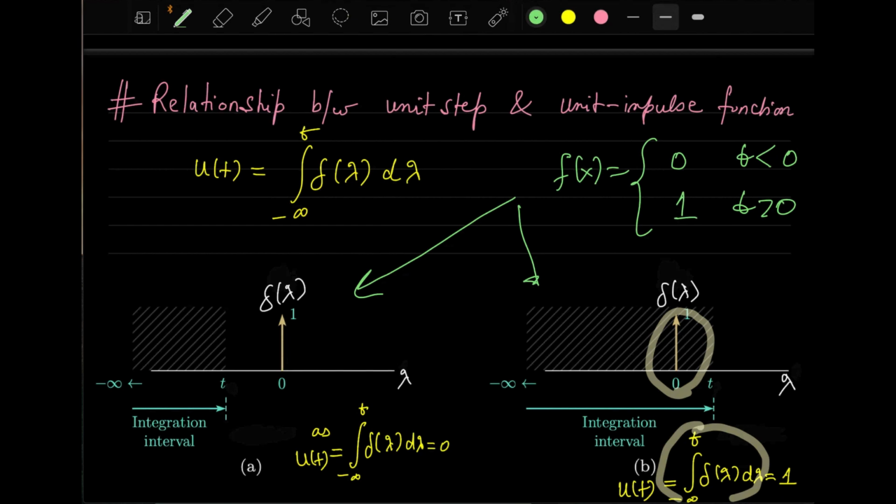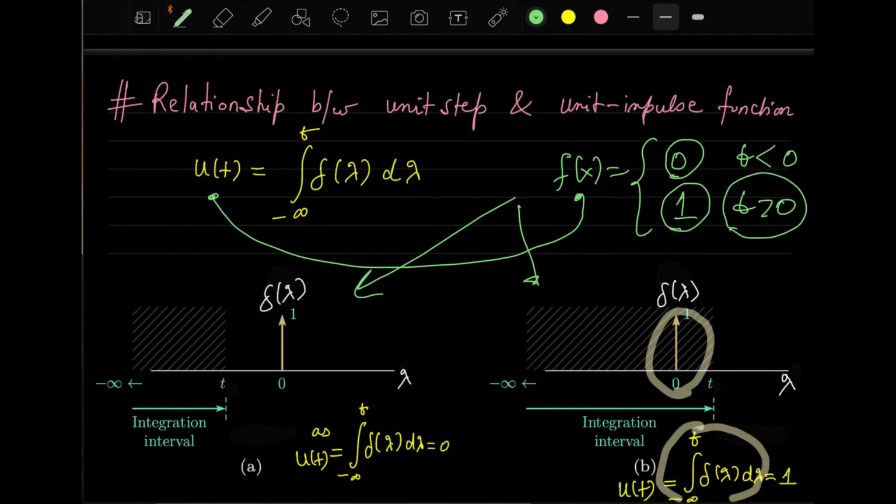So now you can say that this function resembles u(t), because by definition, for t less than 0 its value is 0, and for t greater than 0 its value is 1. So the integral that you have evaluated becomes equal to u(t).